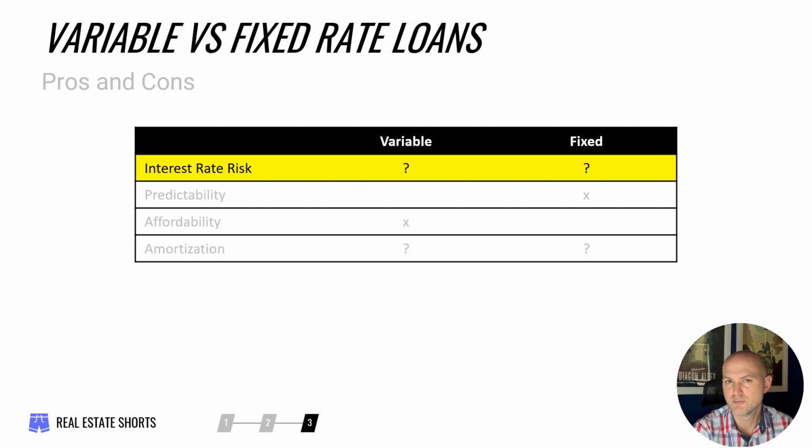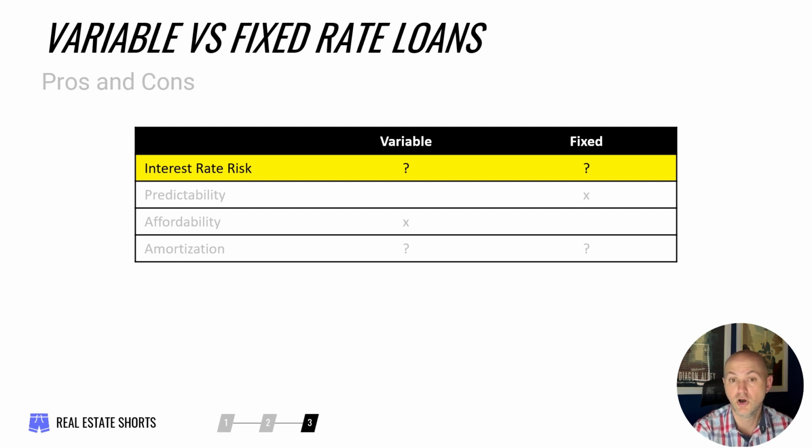And I put a question mark here because some borrowers may want to gamble or hedge or to a certain degree speculate on what they think is going to happen to interest rates and try to manage that interest rate risk. So you may be a borrower who believes that interest rates are going to decline into the future. You may choose a variable rate loan.